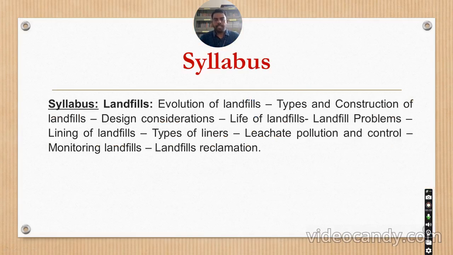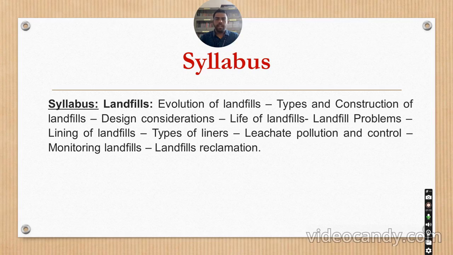The syllabus includes landfills, evaluation of landfills, definition of landfills, types and construction of landfills, design considerations, life of landfills, landfill problems, lining of landfills, types of liners, leachate pollution and its control, monitoring of landfills, and landfill reclamation. In total, we are studying only landfills.